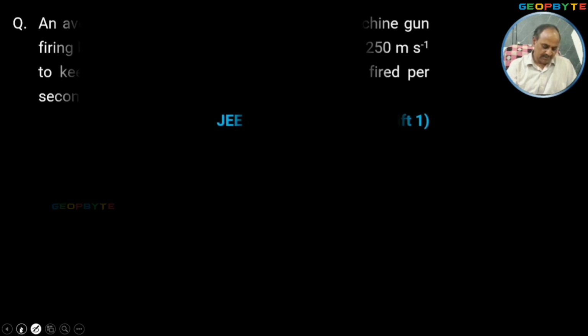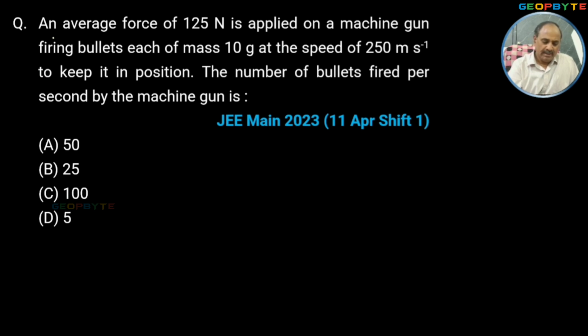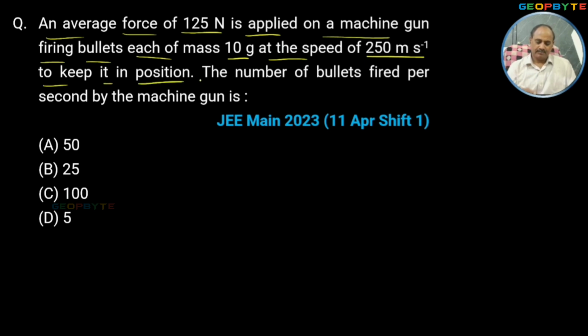Similarly, let us take another important problem. Look at the problem. An average force of 125 newtons is applied on a machine gun firing bullets, each of mass 10 grams, at the speed of 250 meter per second to keep it in position. The force applied on the machine gun equal to 125 newtons.